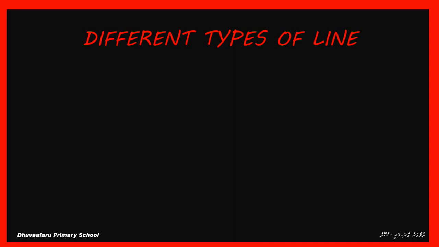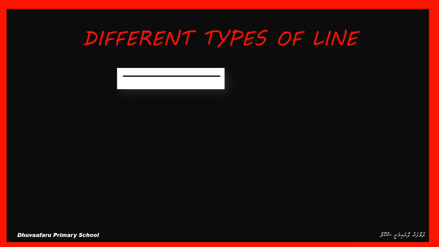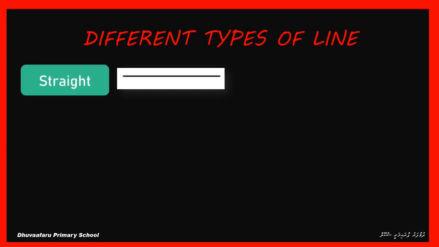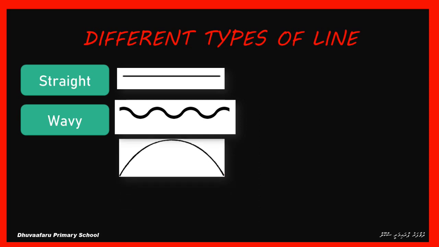Students, can you name these types of lines? What is the first one? Yes, you are right. The first line is a straight line, and here is a wavy line. Very good. And what is this?